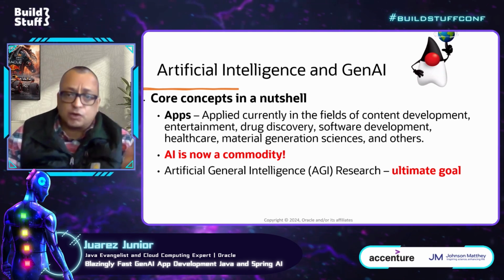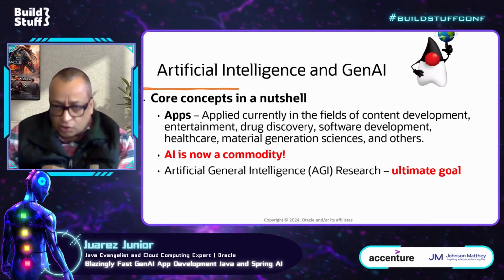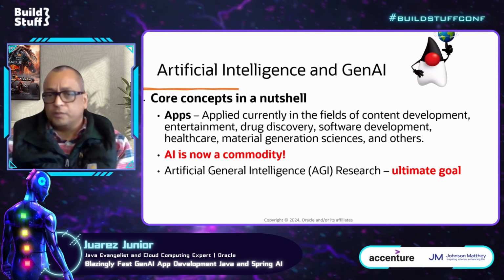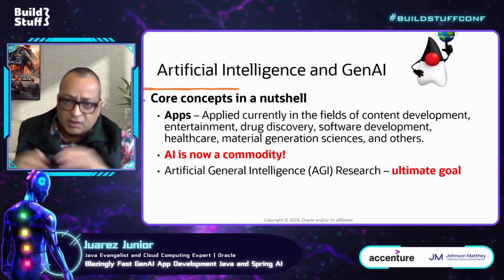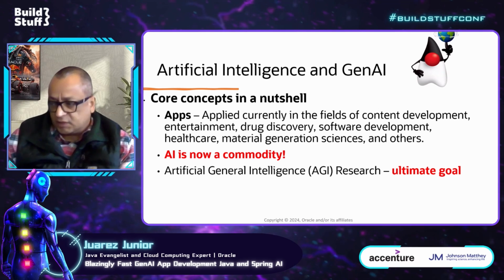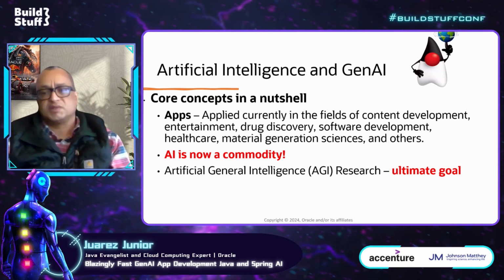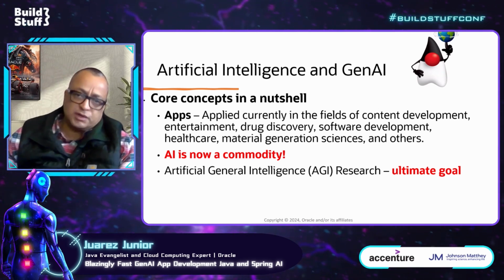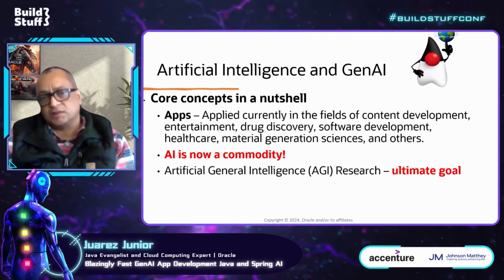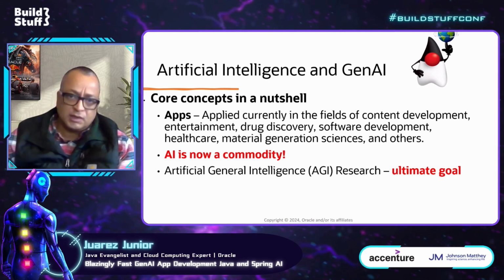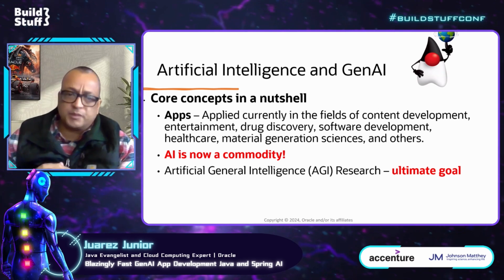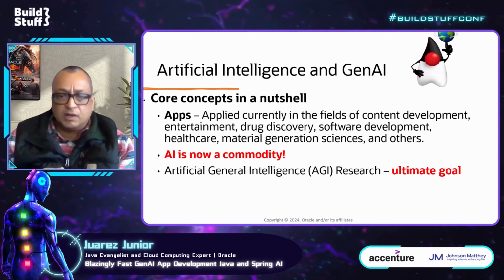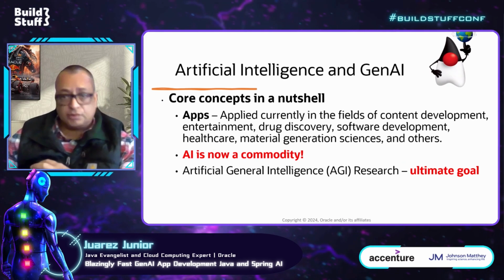And that's a fantastic opportunity because it touches all major business verticals and market niches. It will transform business. Examples here in terms of fields: content development, entertainment, the pharmaceutical industry, software development, healthcare, material generation, you name it.